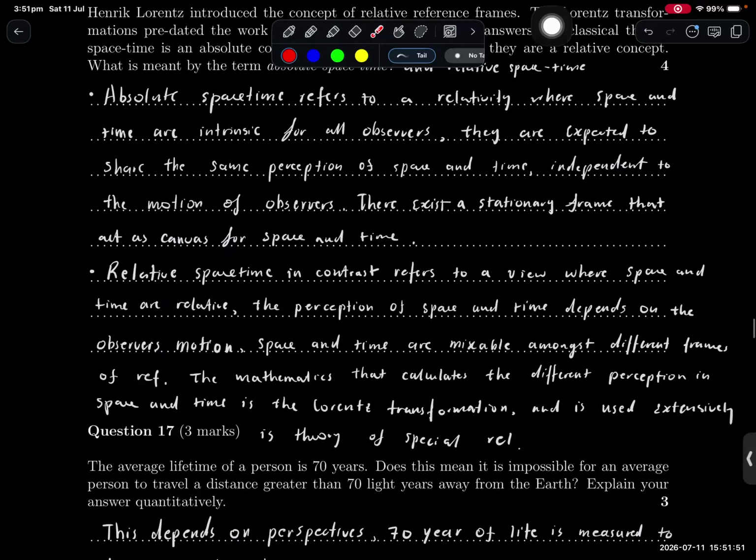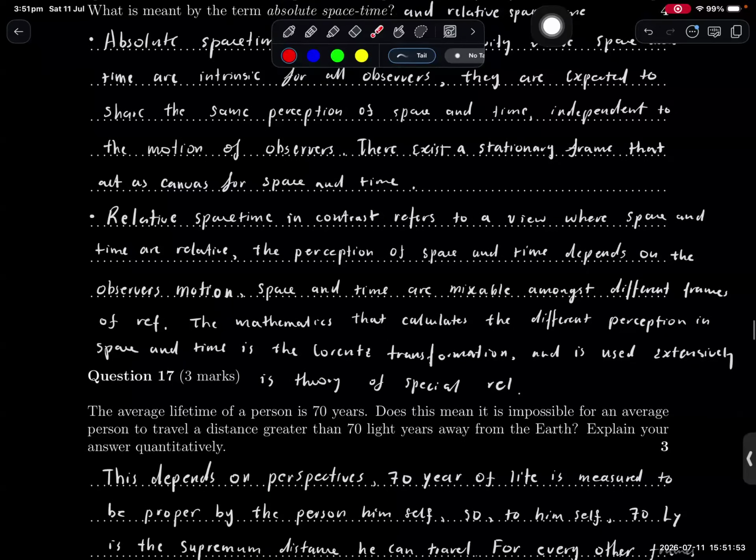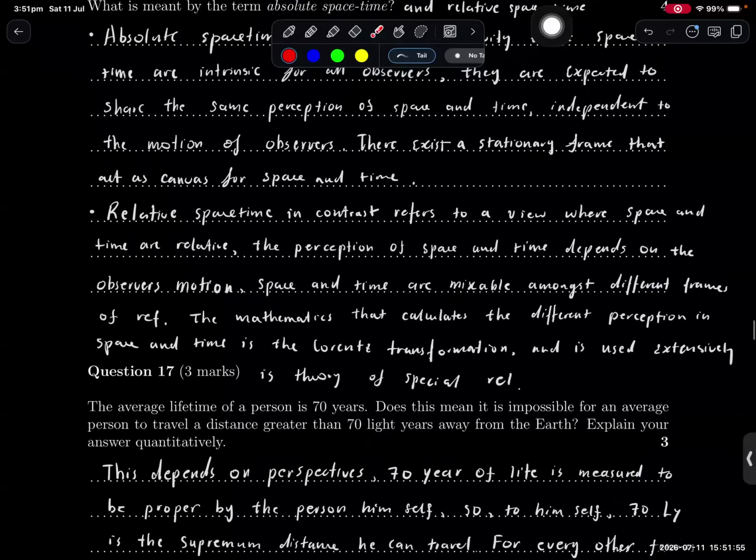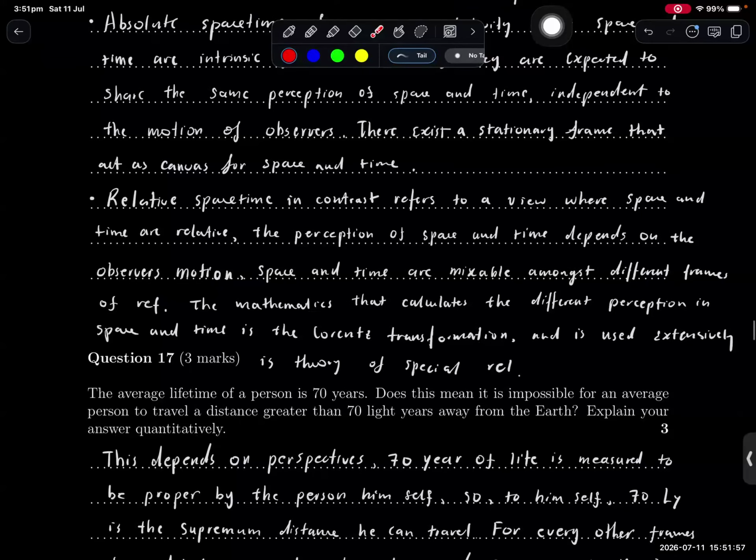In terms of relative space-time, in contrast, it is a view where space and time are relative. The perception of space and time depends on the observer's motion, and space and time are mixable among different frames of reference.